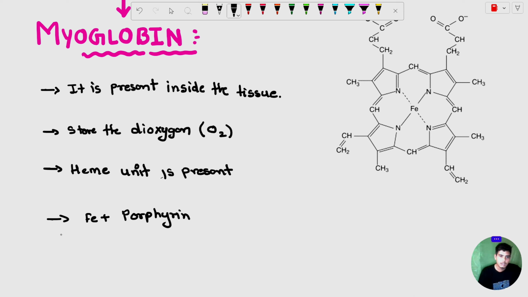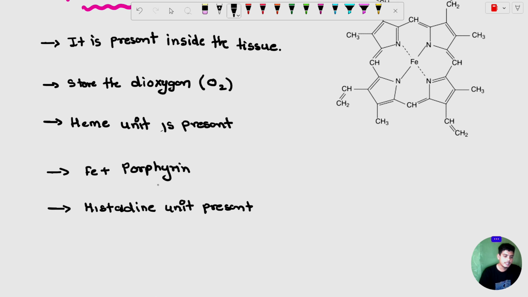Fifth point is that the histidine unit is also present. And the sixth point is that the structure of myoglobin is an alpha helix structure.